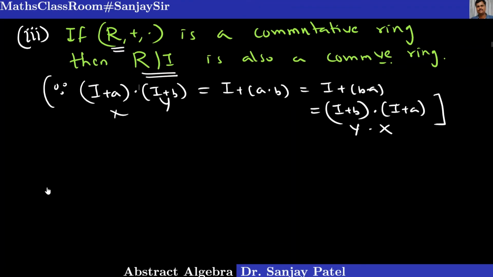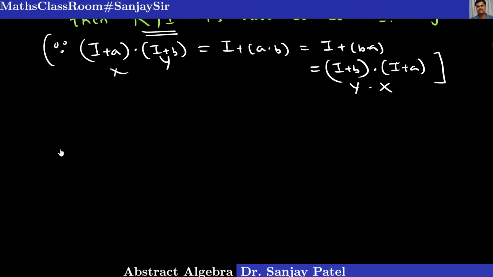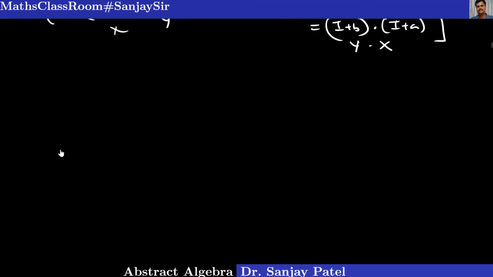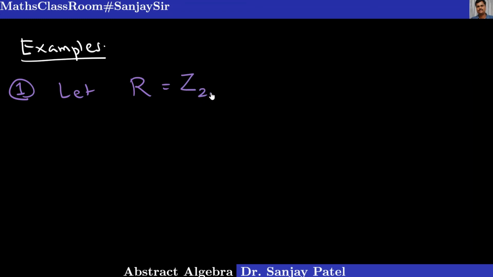Now let us take some examples of quotient rings, how to construct a quotient ring and prove that it is in fact a ring in that special case. So, examples. First one, let the ring R I am taking be Z20.